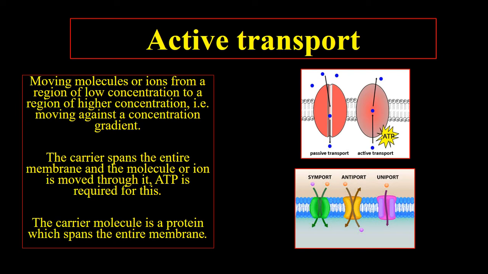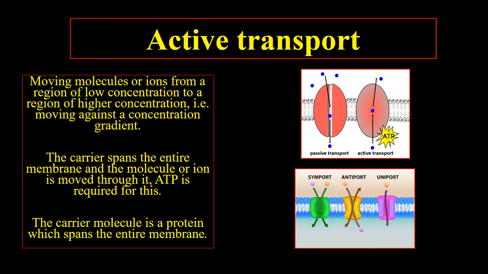Active transport mechanisms can be divided into two categories. Primary active transport directly uses a source of chemical energy, ATP, to move molecules across a membrane against their gradient.